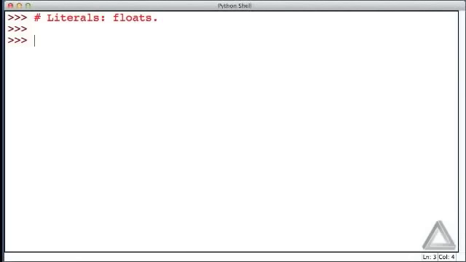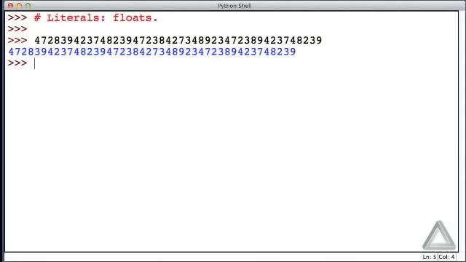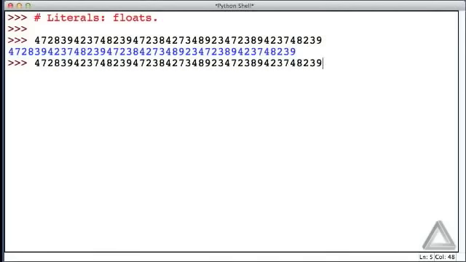Recall that we said that integers are stored exactly, so we can have a very large integer, such as this. When I hit return, that integer is just echoed back to us exactly as we typed it in. I'm going to recall that number now and put a decimal point at the end so that it will become a float.